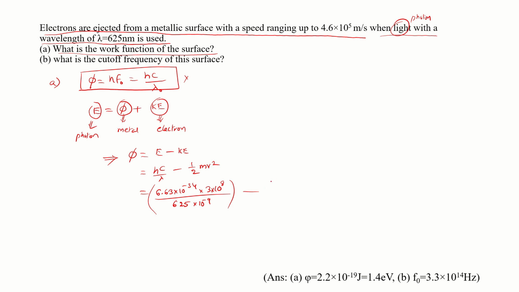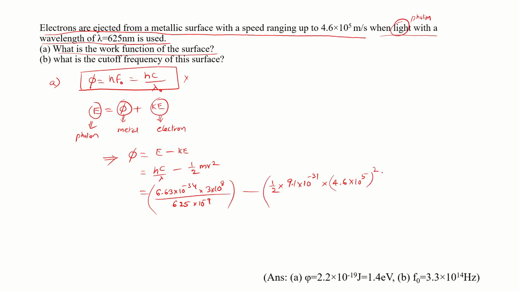Now for the electron, the formula is half mv square. Half the mass of the electron, remember, without this we cannot solve this problem. So 9.1 times 10 to the power of minus 31, this is the mass of the electron, times the speed of the electron, given as 4.6 times 10 to the power of 5, the speed whole square.